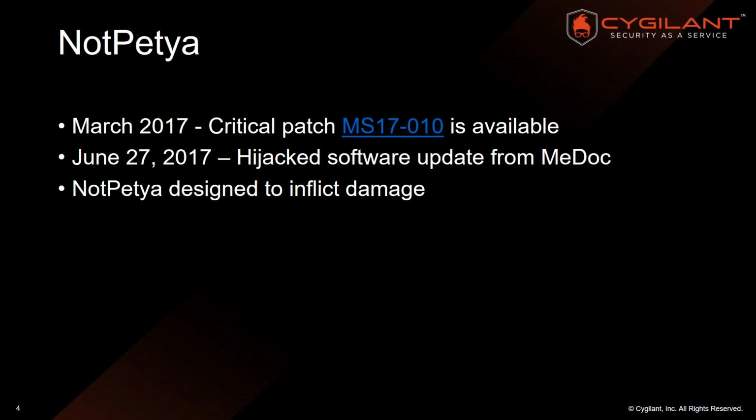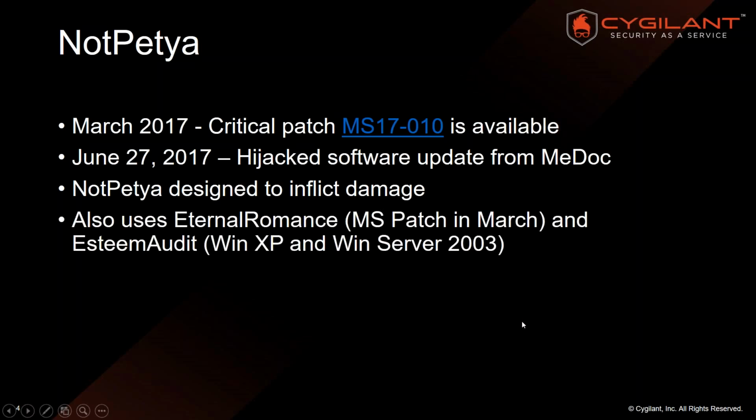So it was really just designed solely to wreak havoc. In addition to using Eternal Blue, NotPetya also used two other exploits, one called Eternal Romance, which Microsoft had also patched back in March, as well as a third exploit, which took advantage of two of the operating systems that are end of life, so there weren't patches available.